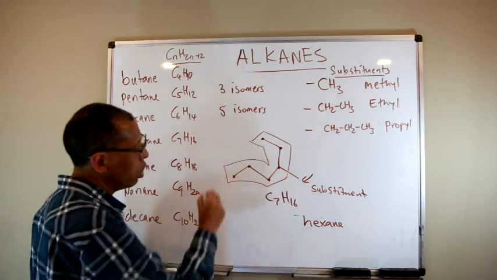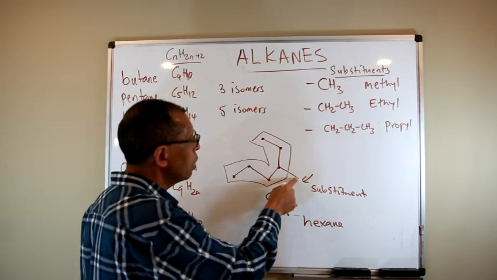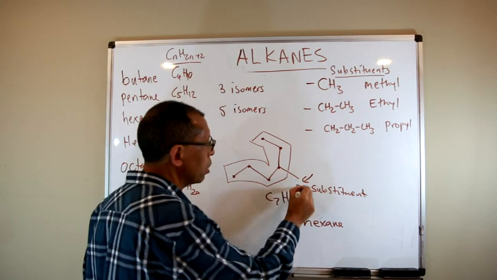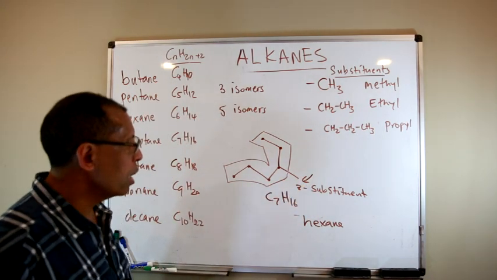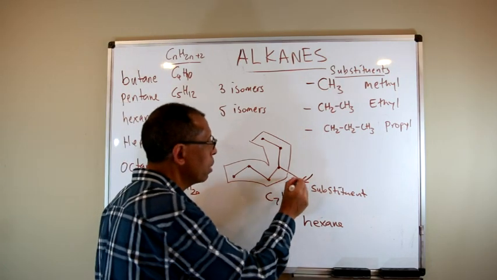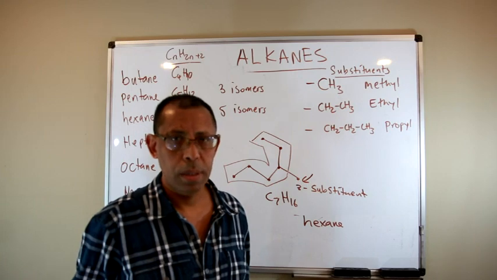This is the straight chain, but right here is the substituent. The substituent is at the 3 position, on carbon number 3, and the substituent is 1 carbon. That 1-carbon substituent is called methyl.